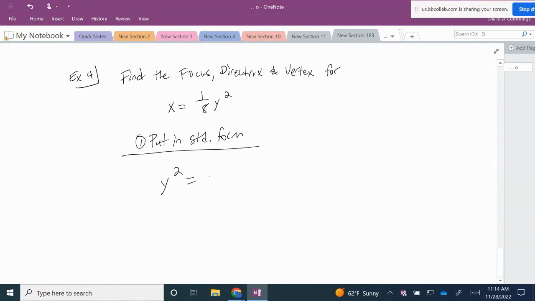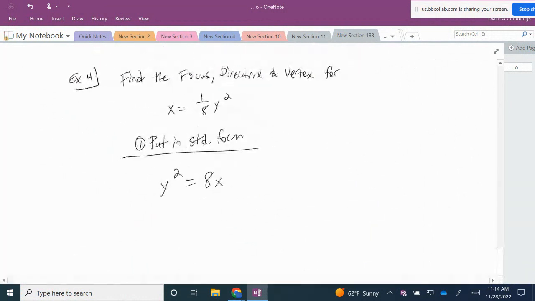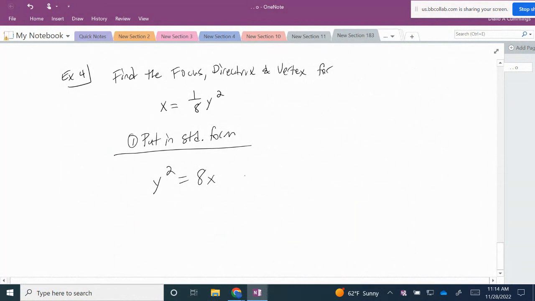So we have y squared is equal to 8x. Right, sometimes you may be asked to factor out a 4 on that right hand side. So we can write this as y squared is equal to 4 times 2 times x. And notice when you factor out 4, you actually are finding p.